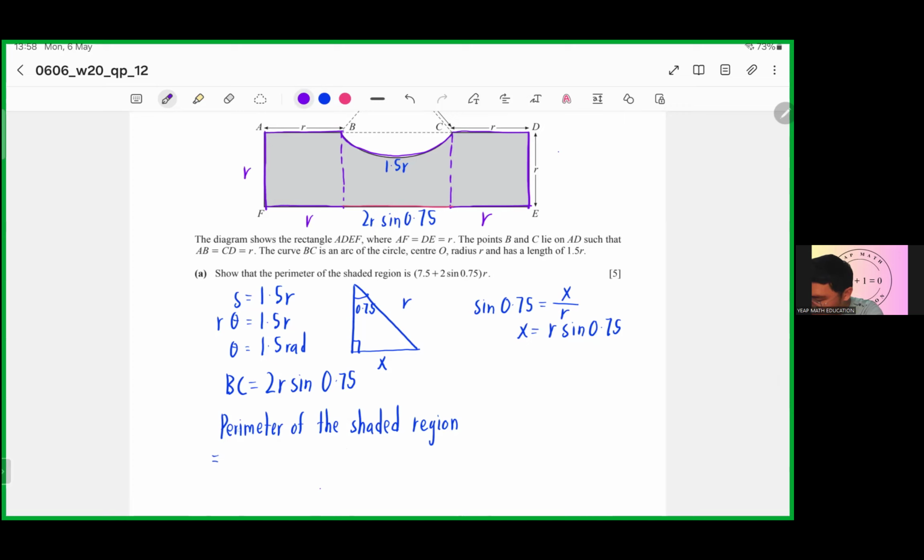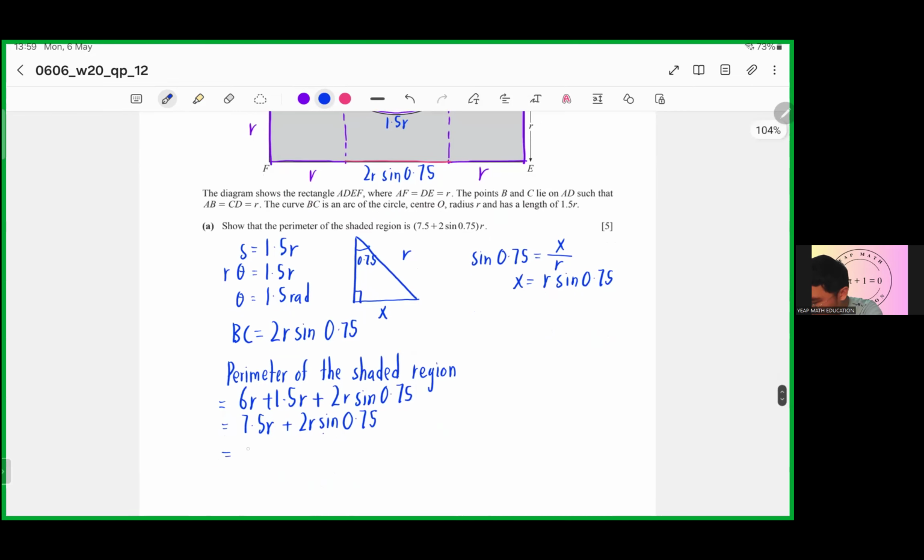So we have 6R plus 1.5R, and then plus 2R sine 0.75. So we get 7.5R plus 2R sine 0.75. After that we can get this.